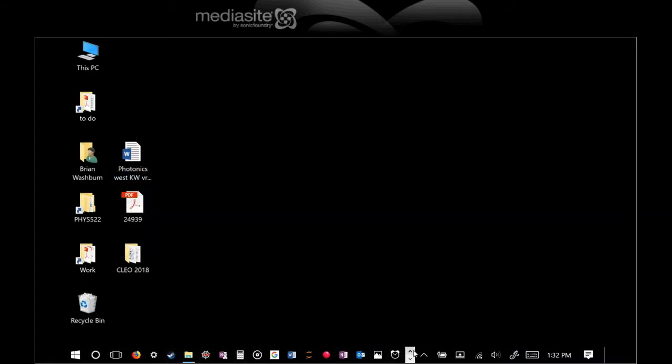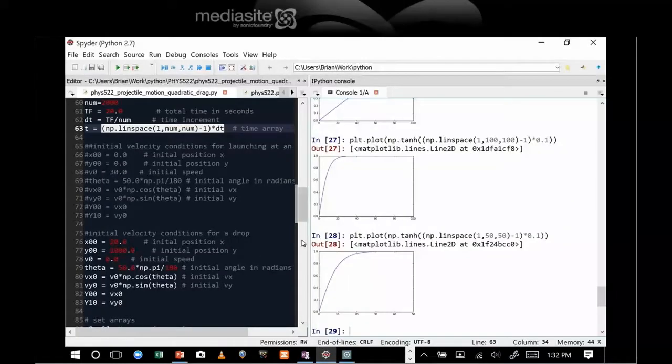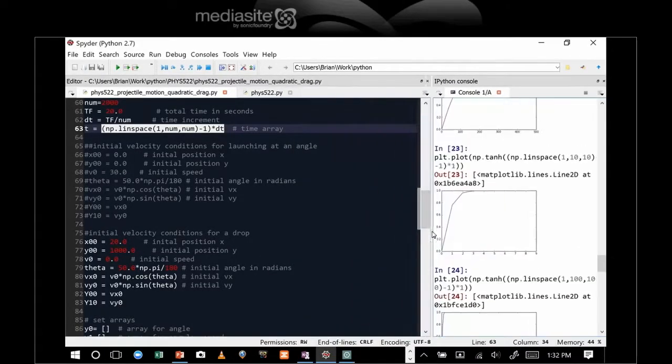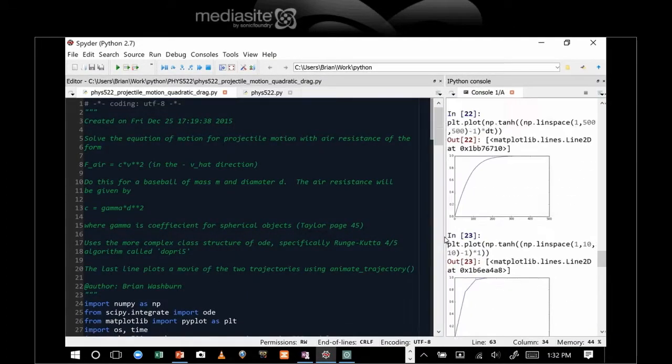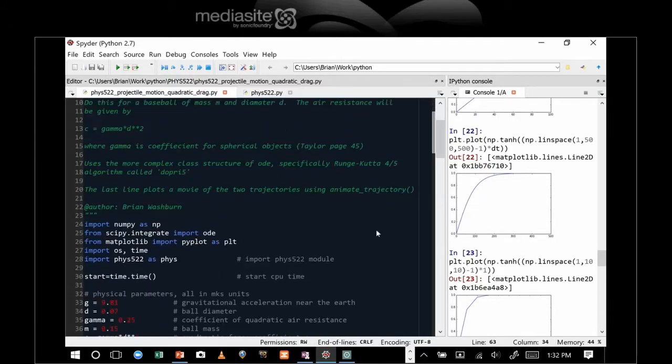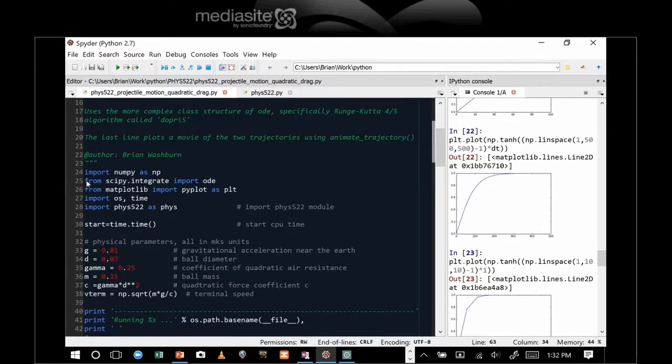Let me bring up Spyder again. So this is my Runge-Kutta for solving. And again, what I'm going to use, like we did previously, is the ODE class in SciPy integrate to solve.